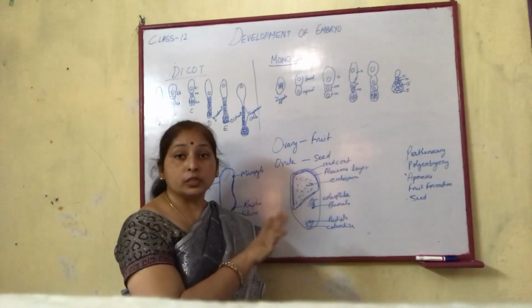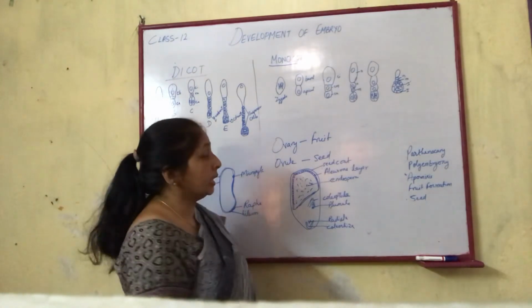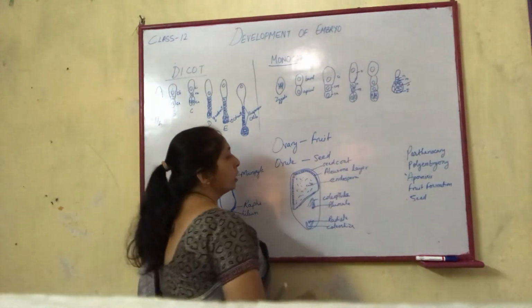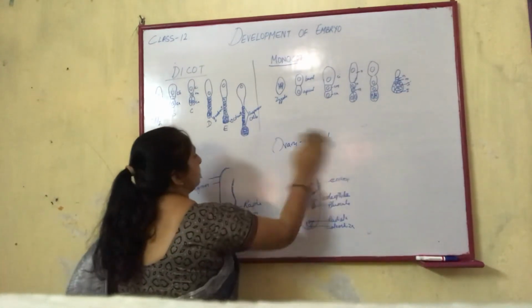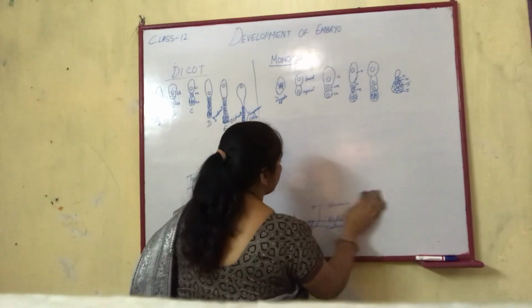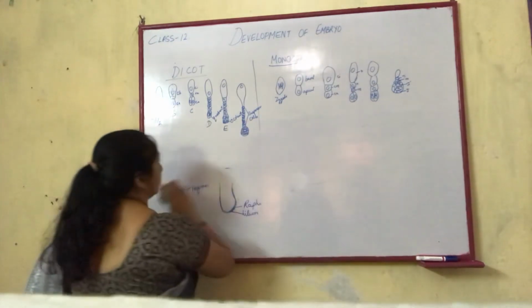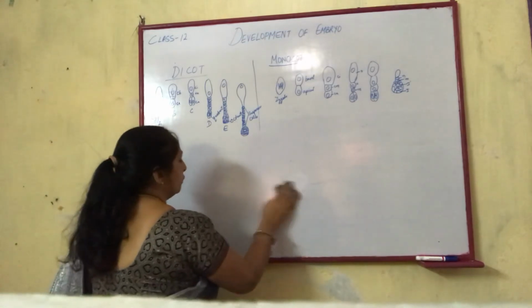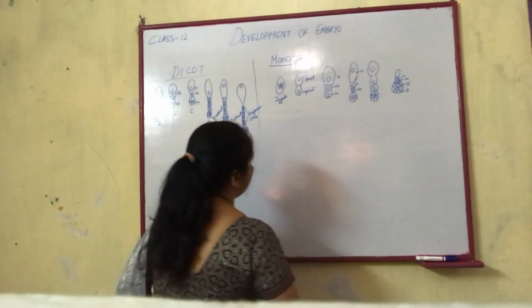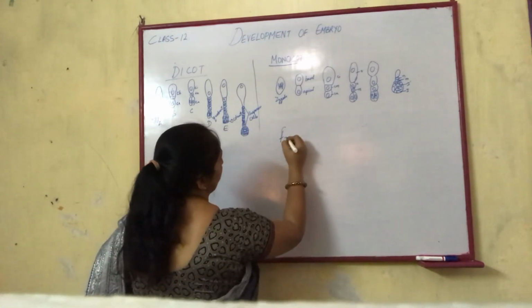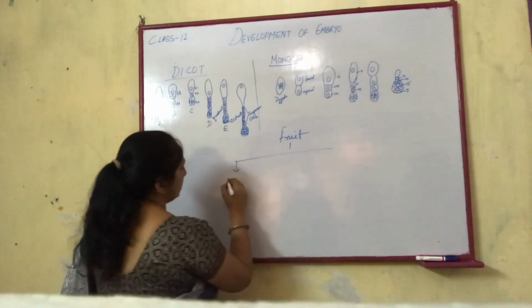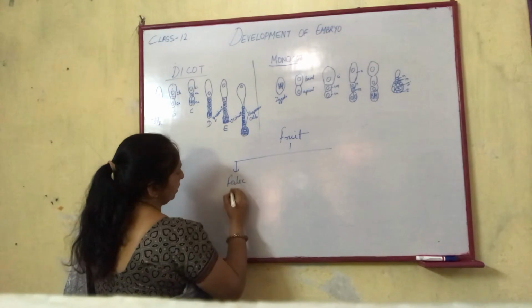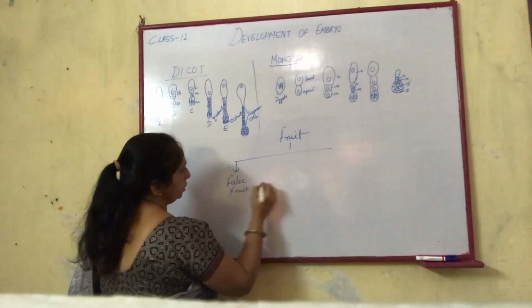This is about the structure of the seed. Next is fruit formation. Fruits are of two types, true fruit or false fruit, depending upon their mode of formation or developmental process.